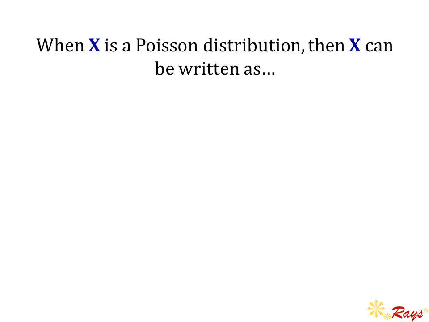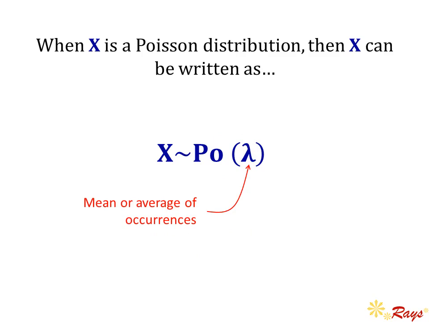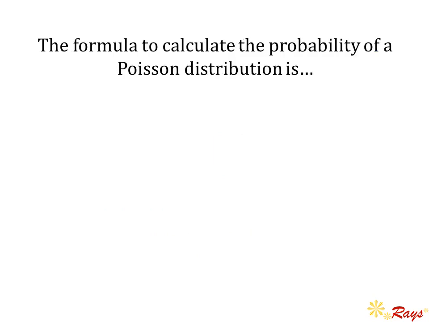Poisson distribution can be expressed like this. This means X is a Poisson distribution with lambda as the mean, or the average, or the expected value. The formula to calculate the probability of a Poisson distribution is given by this formula.